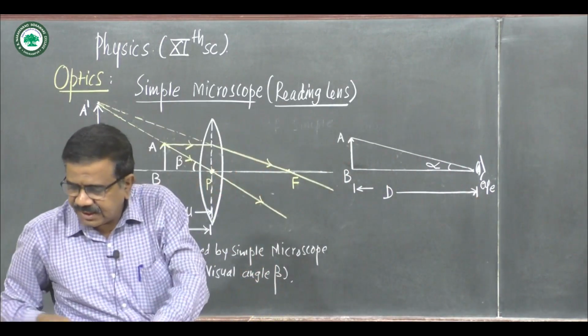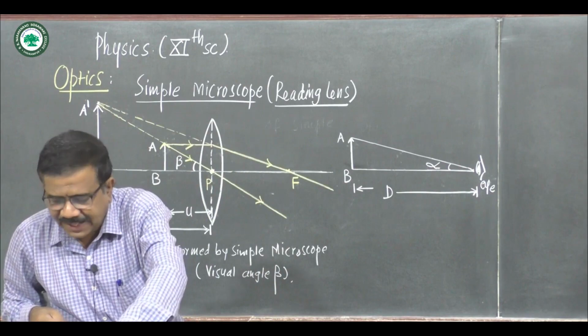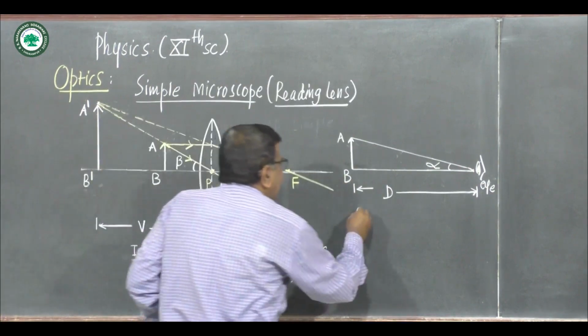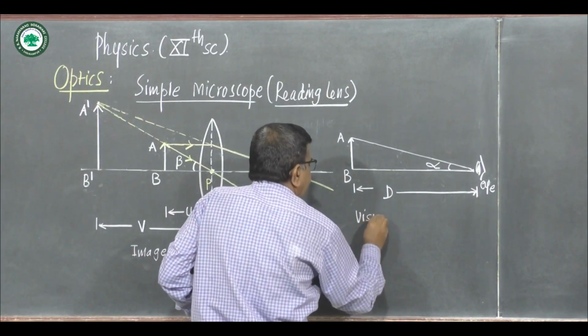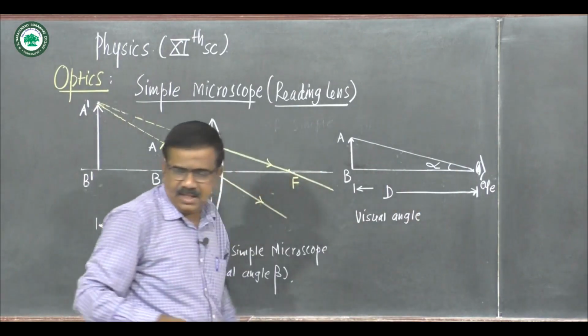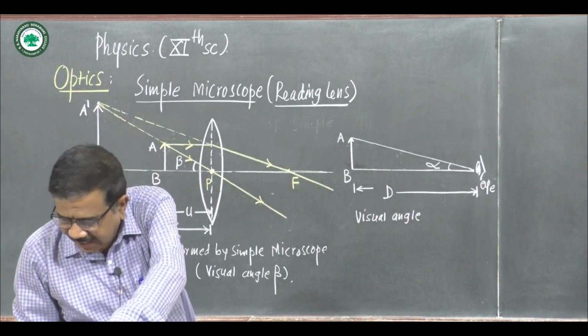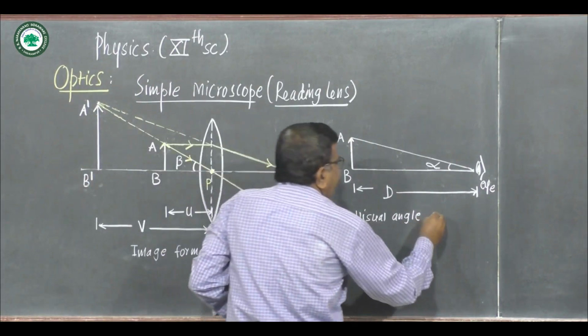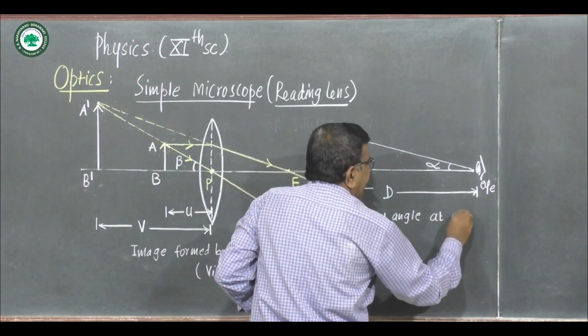Here visual angle is alpha at I, made by the object at ddv.